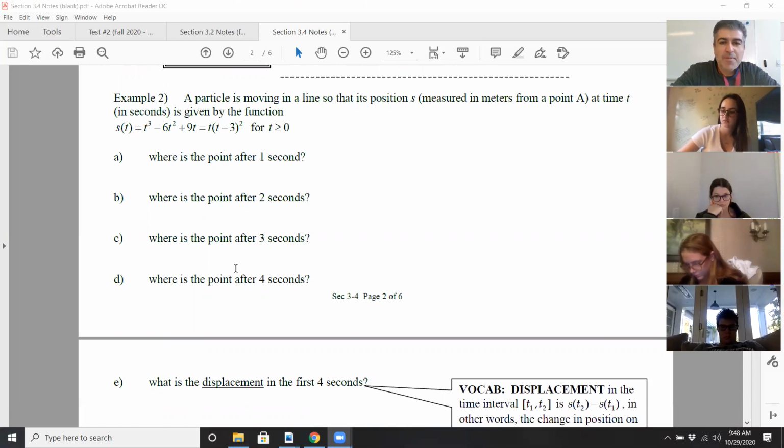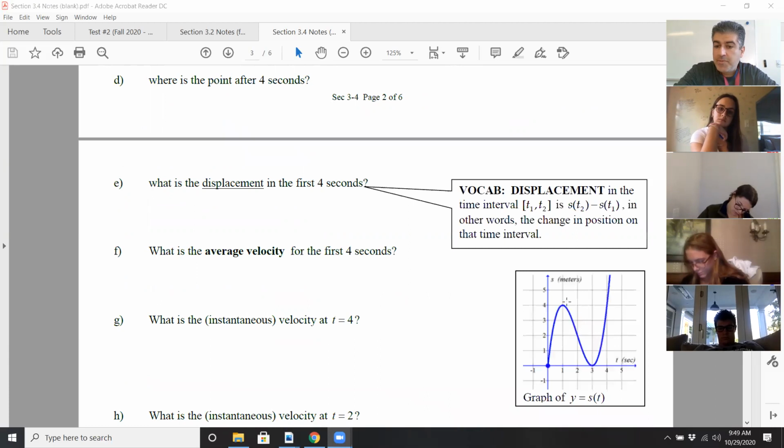Okay, example 2. This is one of the 14 parts. We have a position function, and we're going to work this function often. You're told a particle, like a little dot, is moving along a line, and it does a bunch of weird stuff. In fact, the graph of the position is right here.